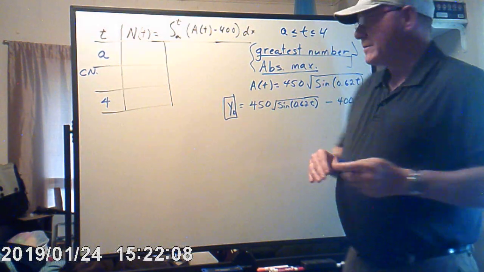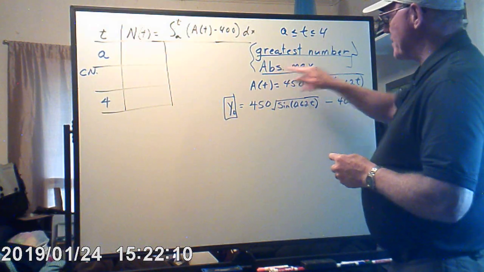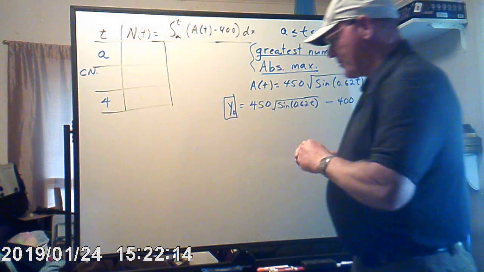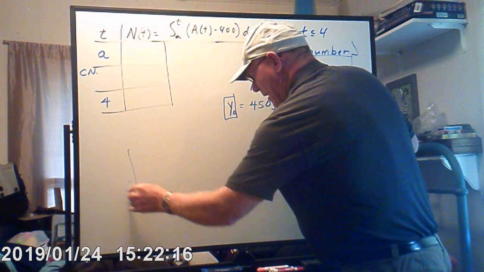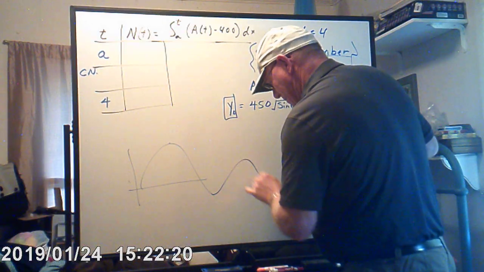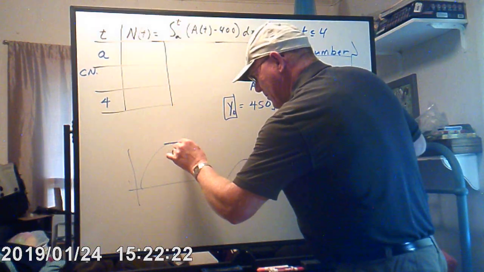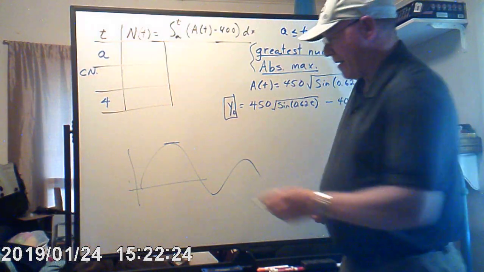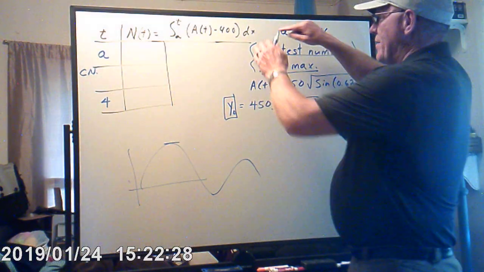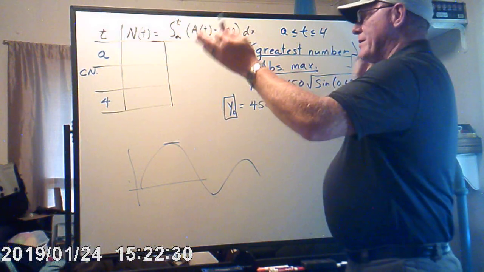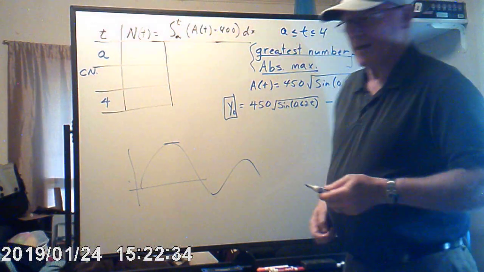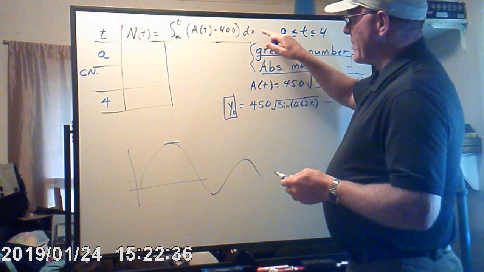Now, when it talks about an absolute max, on a graph you're looking for the absolute max. There are several maxes, but we're looking for the absolute max. It's going to be where, when you talk about this, you're taking the derivative of this, and then you're going to set this equal to 0.